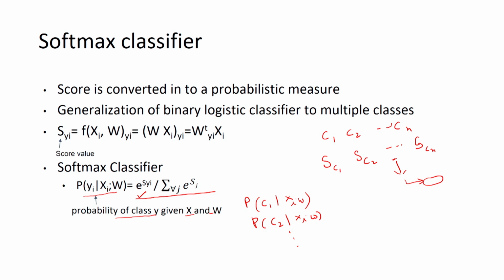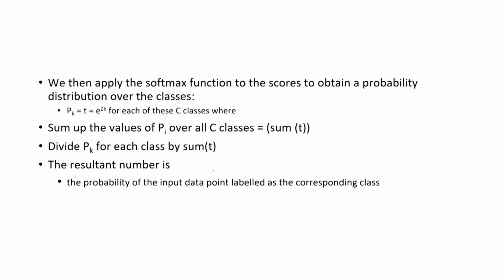Here we will calculate this value of z, meaning the score, and in the softmax classifier that score is set as the power of e. So, e to the power of that score upon the summation of e to the power of all the scores. The same is done here.